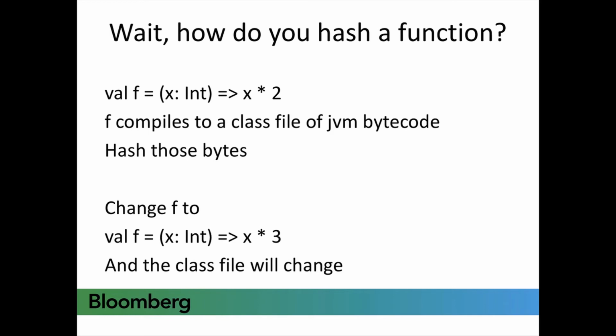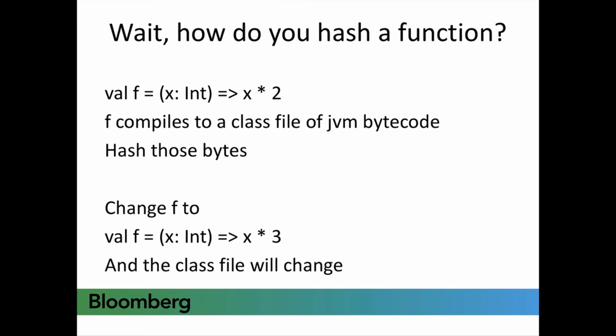You can just read that file and hash those bytes, and you will get a pretty decent identifier for the function. So if you take this, and then later you change that function from x times 2 to x plus x times 3, that class file is going to change after you compile it. And you can figure out which class file goes to which function at runtime and hash those bytes.